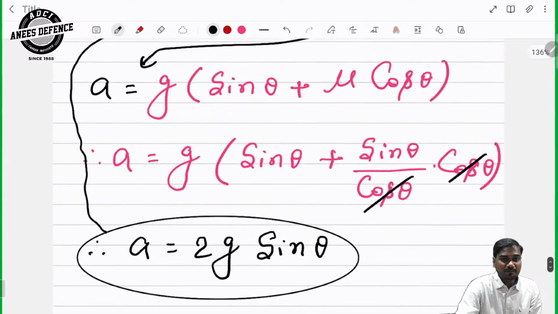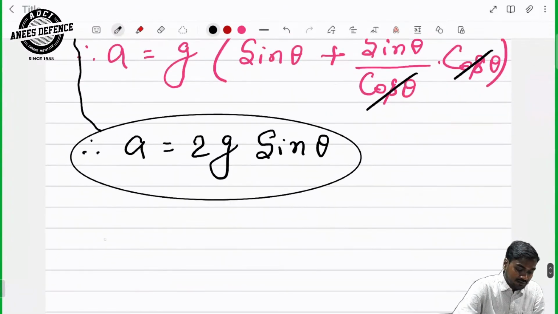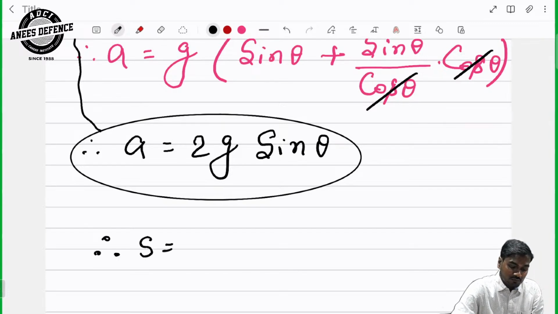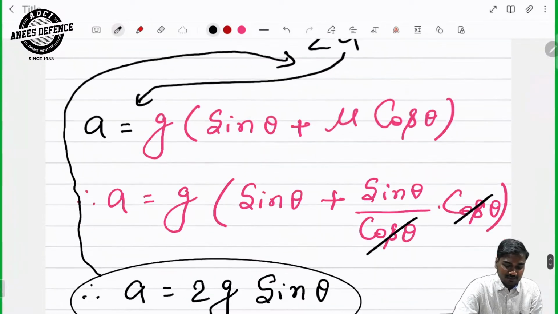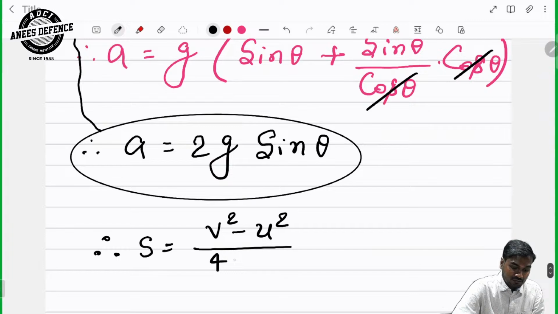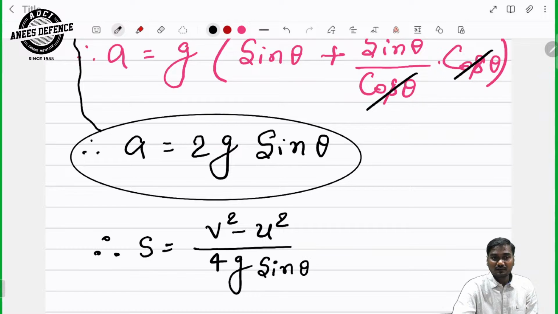Hence displacement is equal to v square minus u square upon 4g sin theta. Understood? Note down.